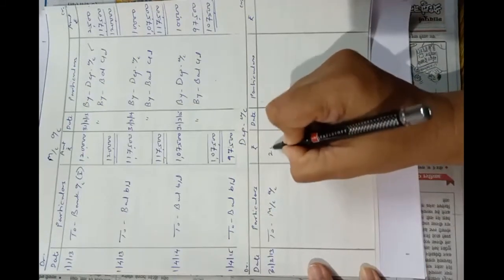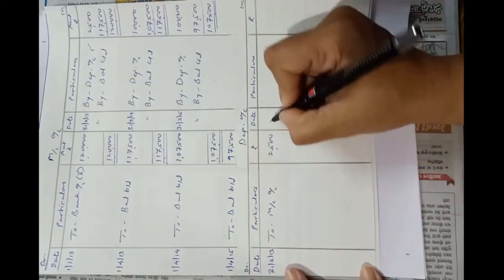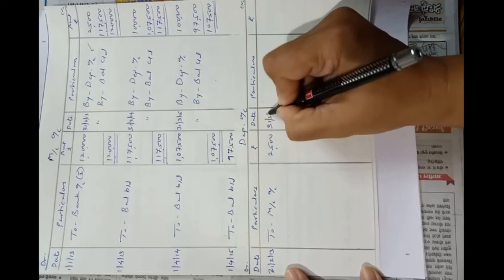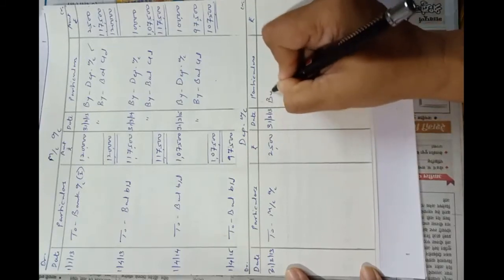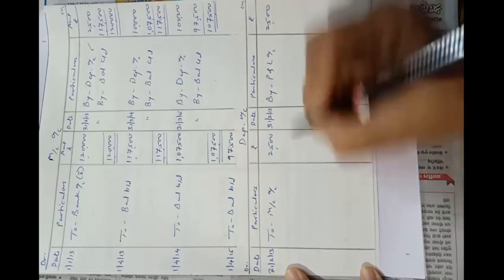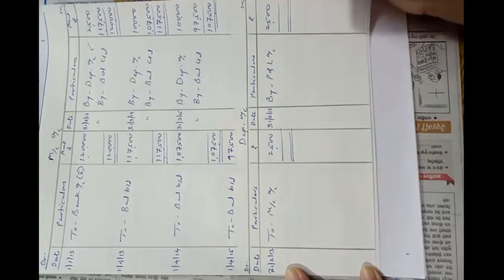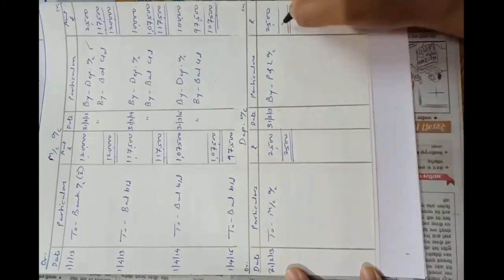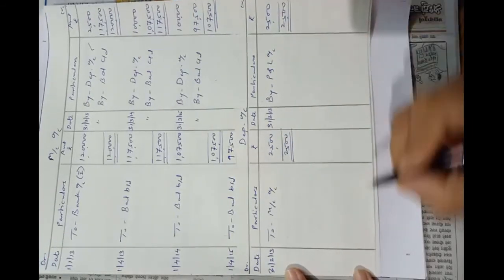Amount is 2500, and on the same date on 31st March 2013 by profit and loss account 2500. So for the first year the account has been tallied 2500, 2500.